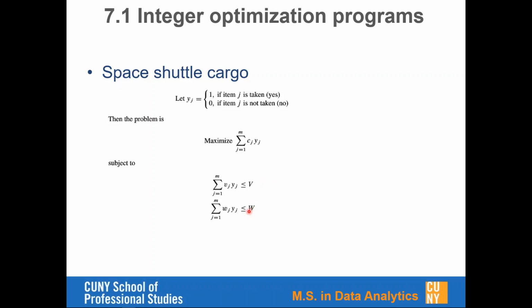Meanwhile, if we have a weight constraint, say I cannot carry more than 20 pounds of stuff in my backpack, then you have a weight constraint. Same thing, you just use w_j times y_j, sum them up, and it has to be less than or equal to W. With that being said, these are all the constraints. Then what are we trying to maximize?